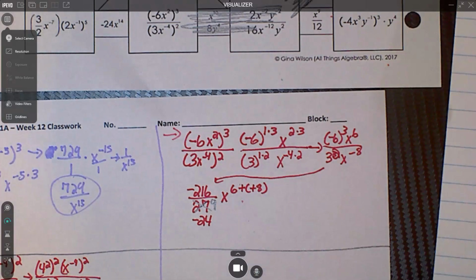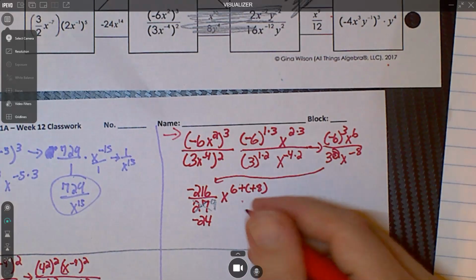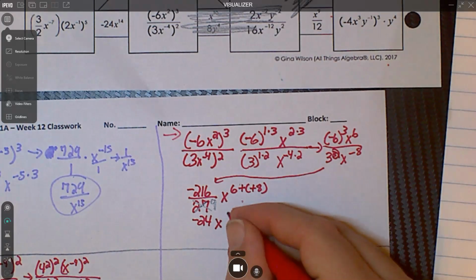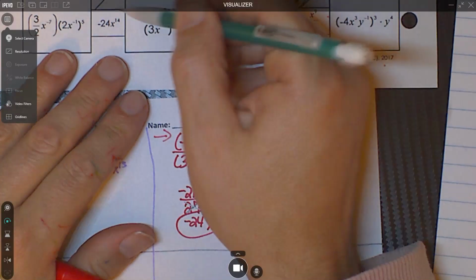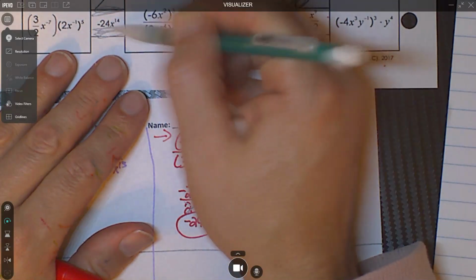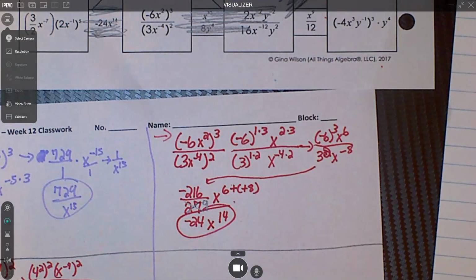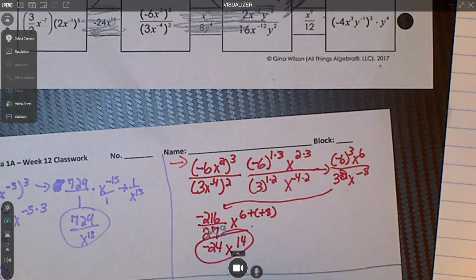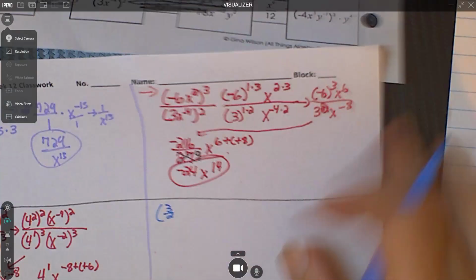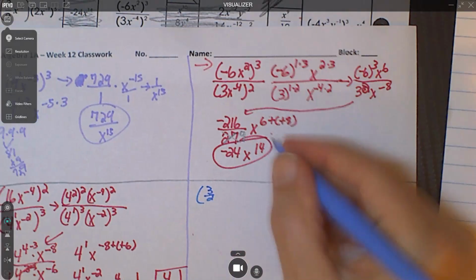X minus -8 is 6 plus 8. Let's hope this is the last one. Hopefully this is the last one.